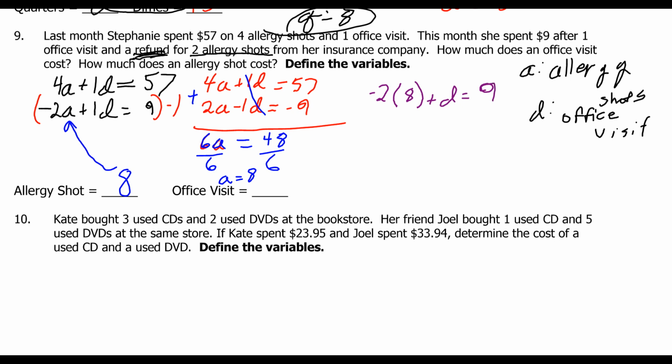So negative 16 plus D equals 9. We add 16 to both sides, and D equals 25. So the amount of an office visit is $25, and allergy shots are $8. Okay, last question.